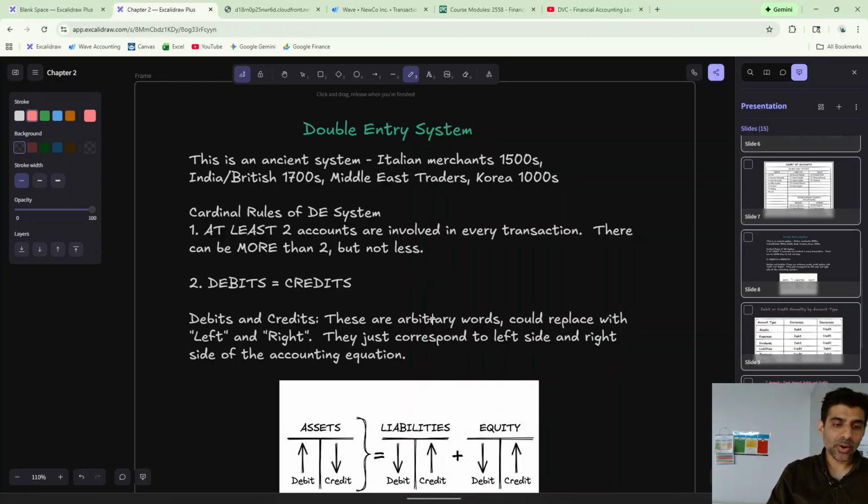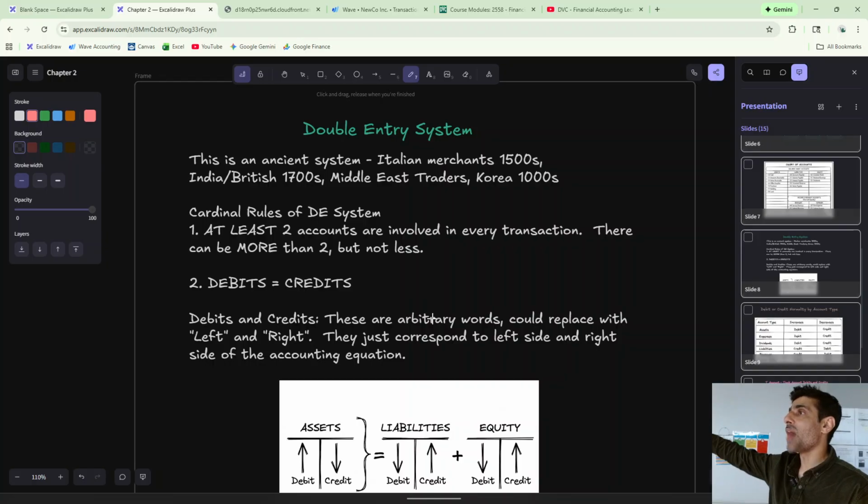Okay, the other cardinal axiom of this system is that your debits will always equal your credits, and it's going to make more sense when we build the system out. But you can never have a transaction where the debits and the credits are unequal. So maybe you're going to have one account that's debited and 3 accounts that are credited, but the total debits and the total credits must always be equal for every transaction.